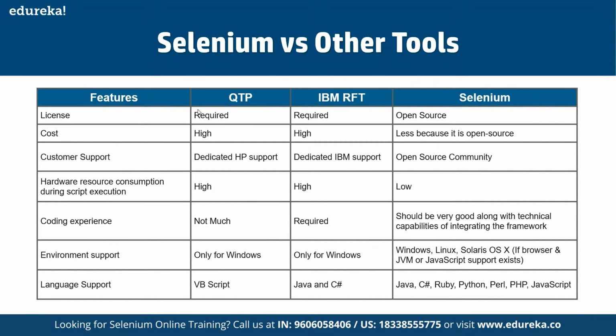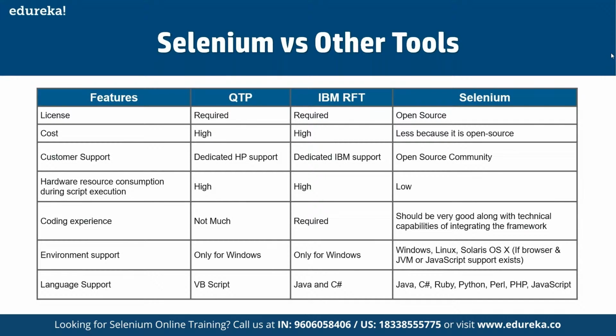And then in terms of language support, QTP supports VB, as in Visual Basic Script. In terms of IBM, it supports Java and C, whereas Selenium supports multiple programming languages, including C, Ruby, Python, Perl, PHP, JavaScript. Multiple languages are being supported here.